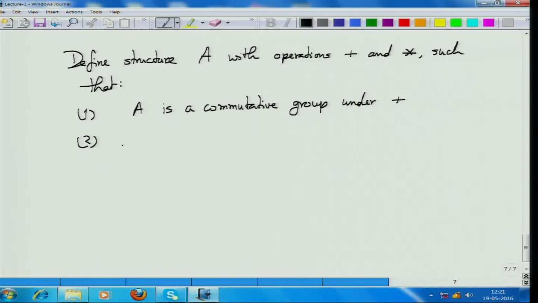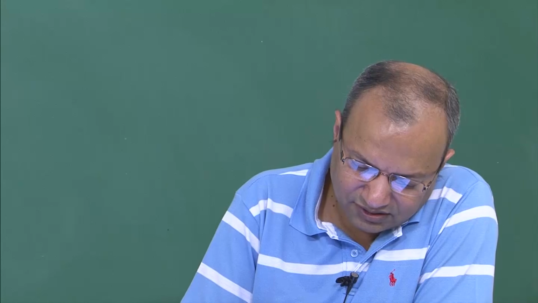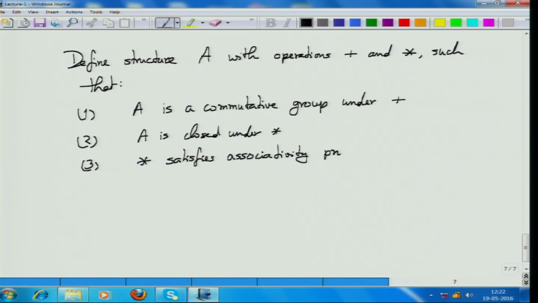So, let us look at integers and what properties multiplication satisfies for integers. If you just go back to the group properties, we will see that A is closed under multiplication, then associativity holds for multiplication.